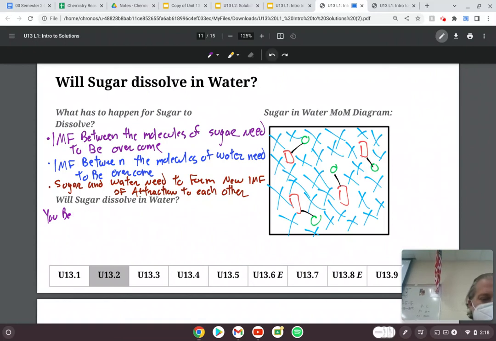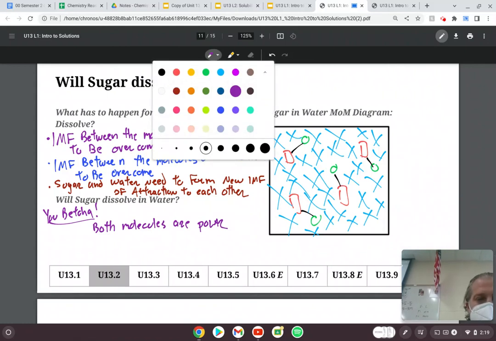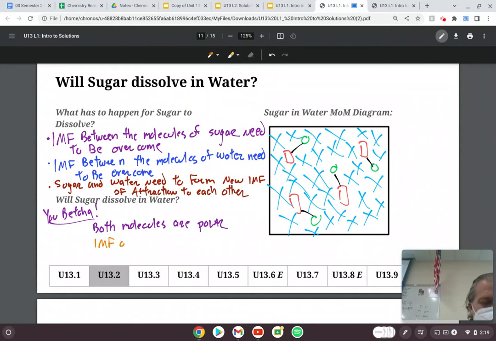The reasoning for it is that both molecules are polar, and the intermolecular forces of attraction are similar.